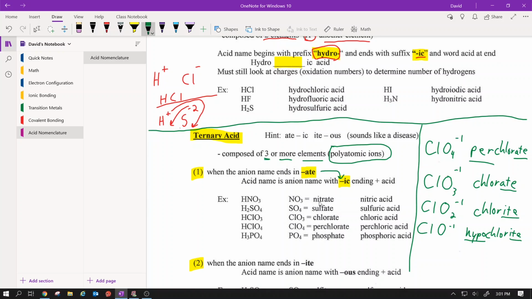All right? So if you have a nitrate and you put a hydrogen with it, or the appropriate number of hydrogens, nitrate is NO3 -1, and so it would get matched up with H+. And so a nitrate with hydrogens becomes nitric acid. And so the ate turns to ic.